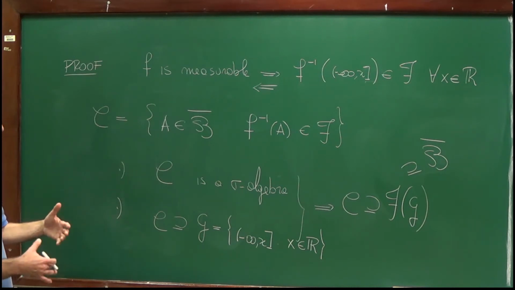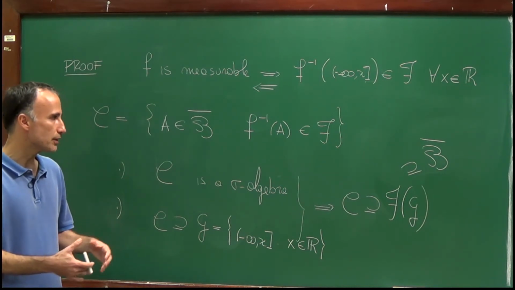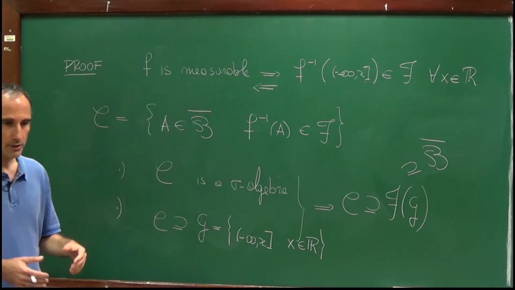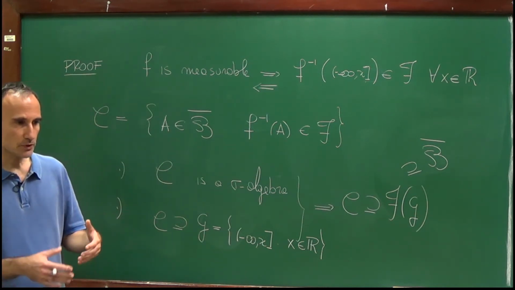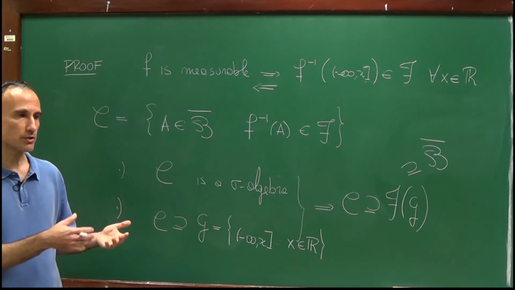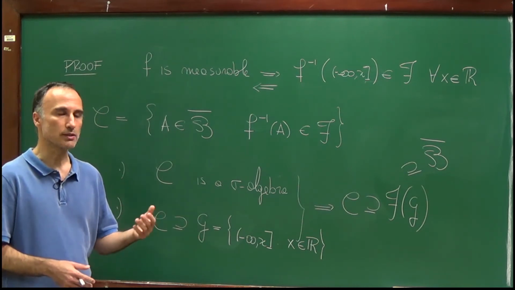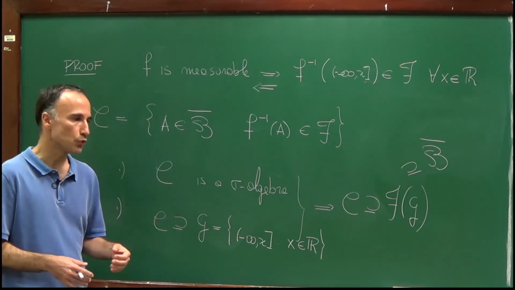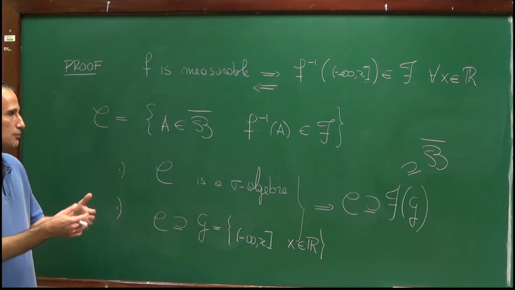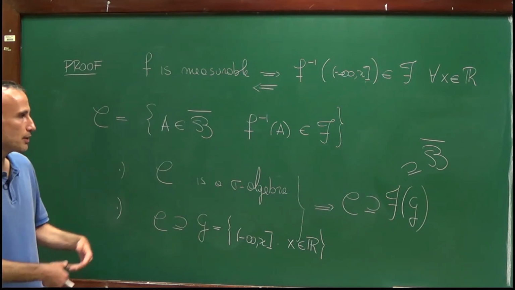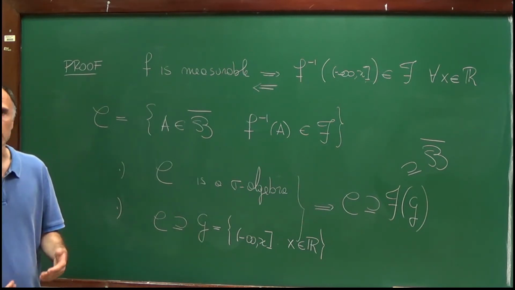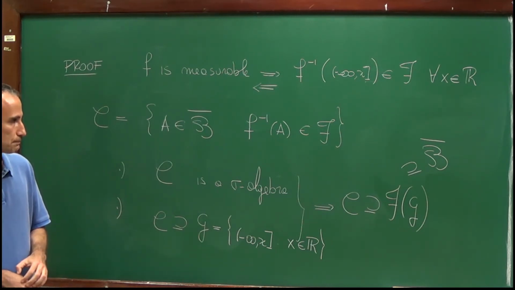So this technique will be used systematically in the next lectures. We want to show that the sets which share some property contain a sigma algebra. We will prove that the class of sets which have this property forms a sigma algebra and contains a generating class of sets.